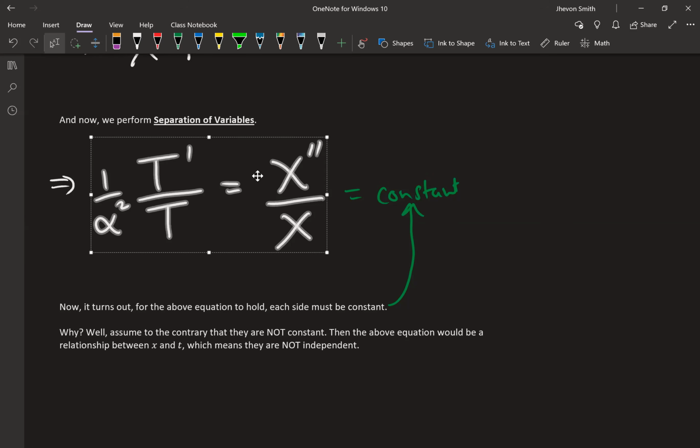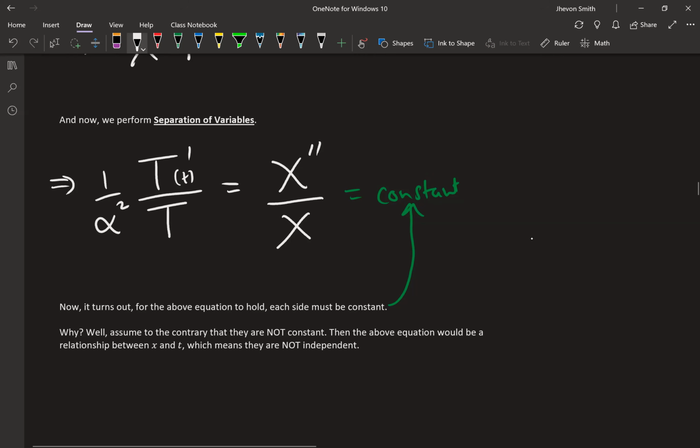Time does its own thing. And so we have to assume that this is constant, because to assume it's non-constant is going to lead to a contradiction. We now have a situation where as long as I'm looking at a certain position, time, yes, big T is temperature, but big T is a function of little t.